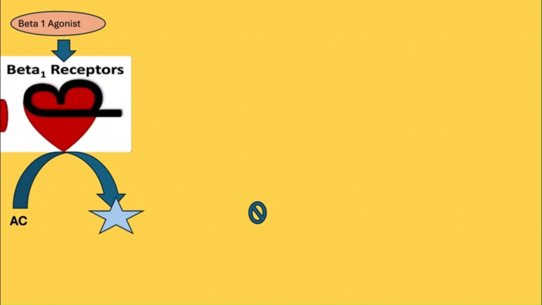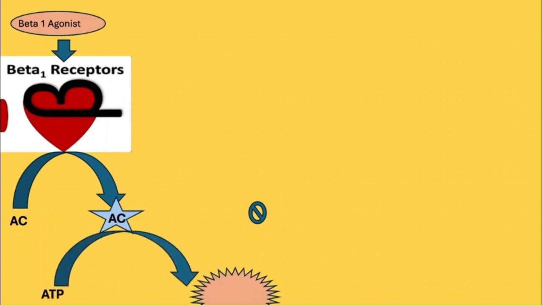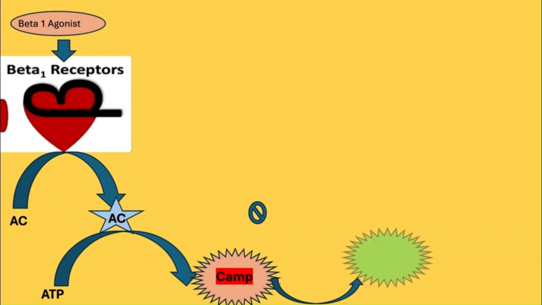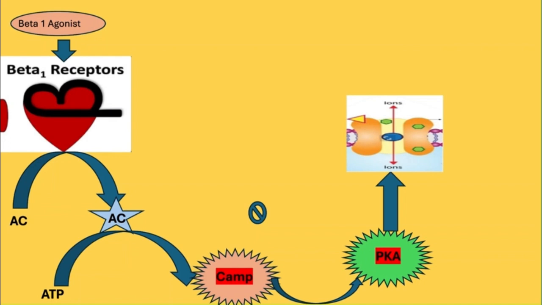Adenyl cyclase stimulates the formation of cyclic AMP from ATP, which in turn activates the cyclic AMP-dependent protein kinase, for short, PKA. PKA are the phosphorylating enzymes that are responsible for the opening of calcium channels so the calcium can enter into the cardiac muscle.